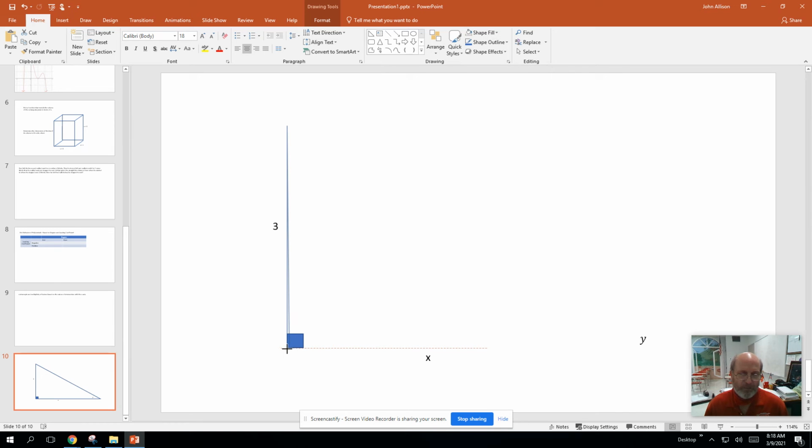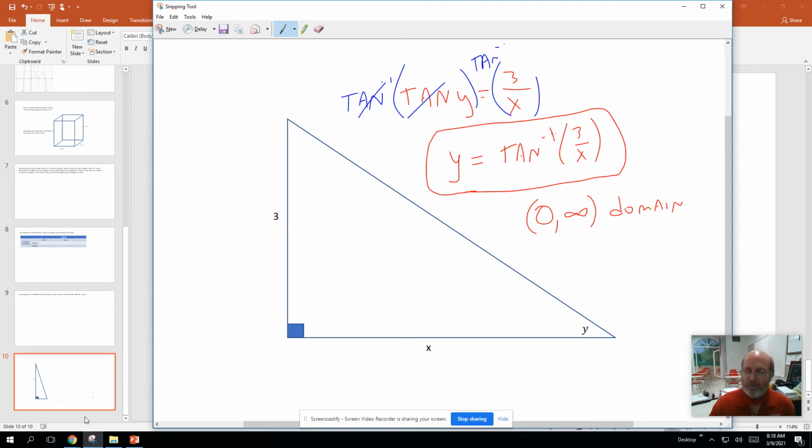When it reaches 90, we don't have a triangle any longer. So the range of this function that we just came up with is also 0 to 90, not 0 to infinity, but it can't reach 90. And that's how we write a function in terms of x for the angle y inside a triangle.